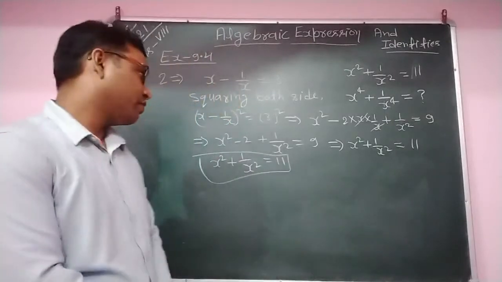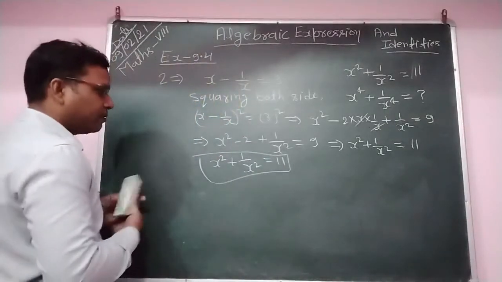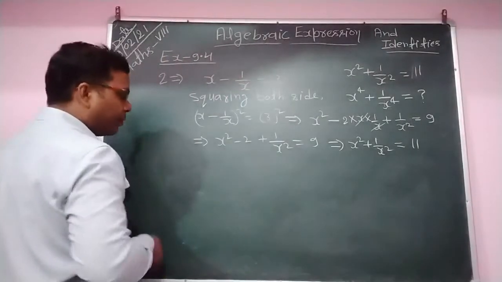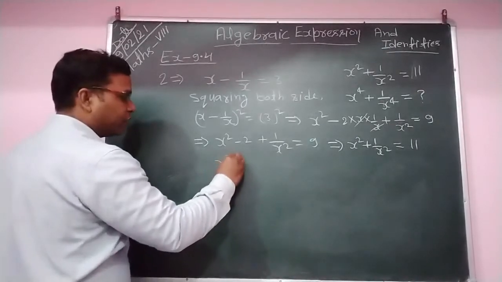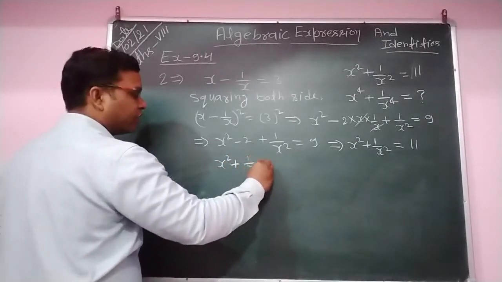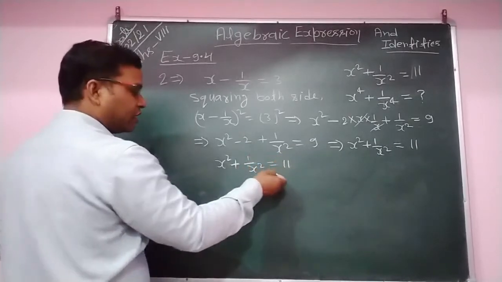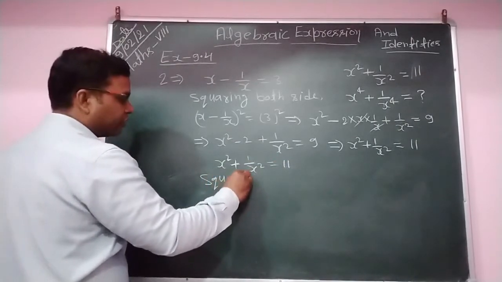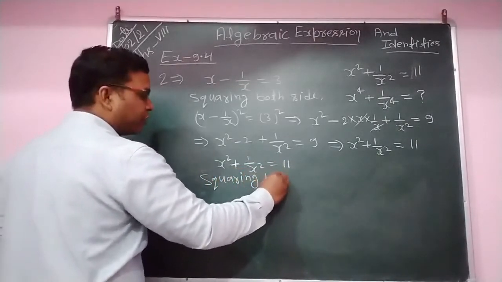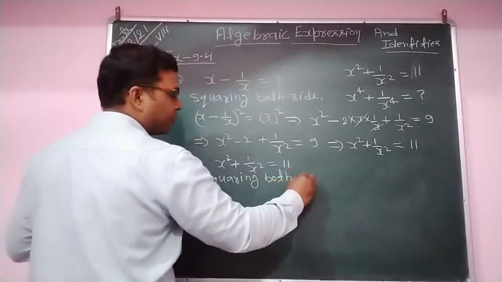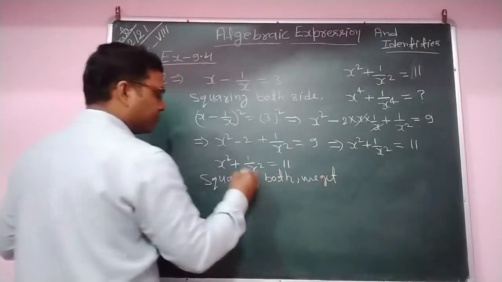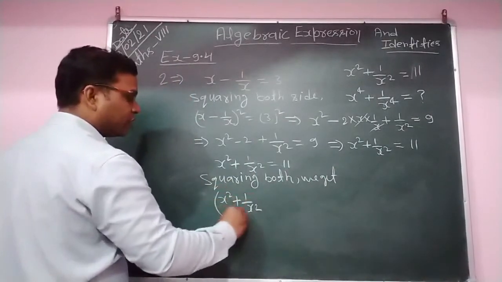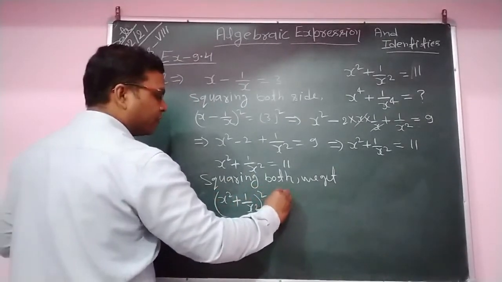For this we again square both sides. Here x square plus 1 upon x square is equal to 11. Squaring both sides, we get x square plus 1 by x square whole square and square of 11.